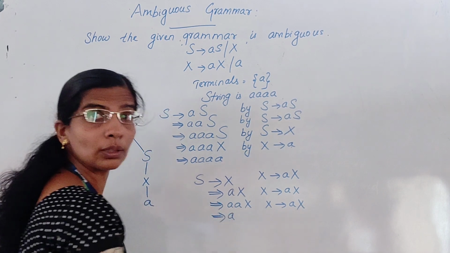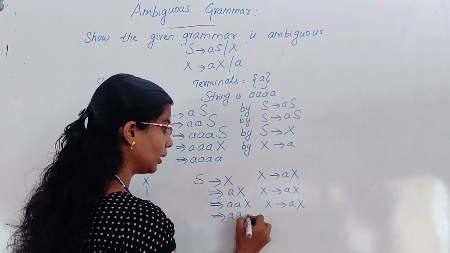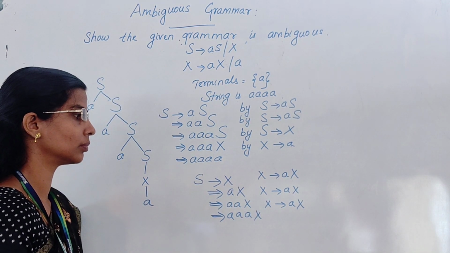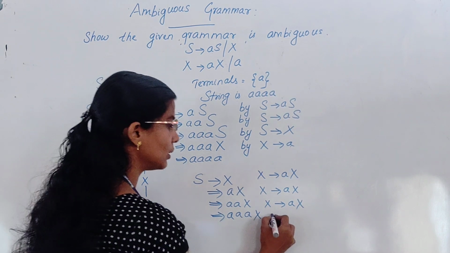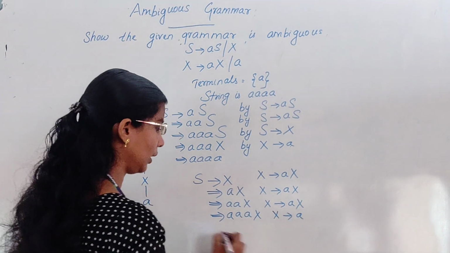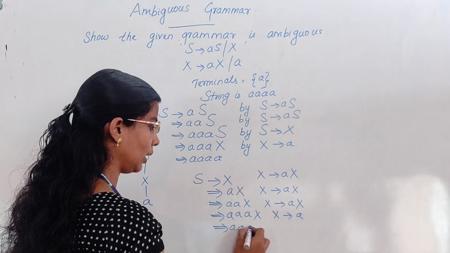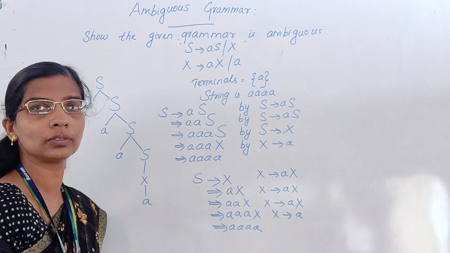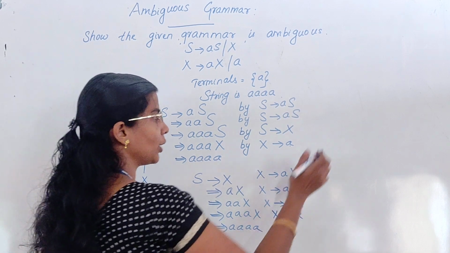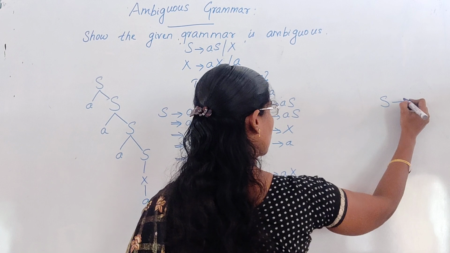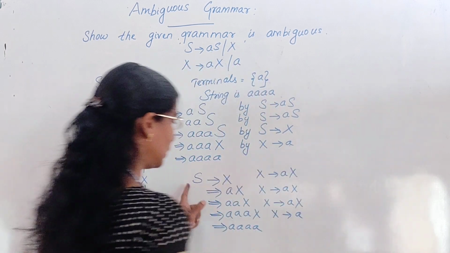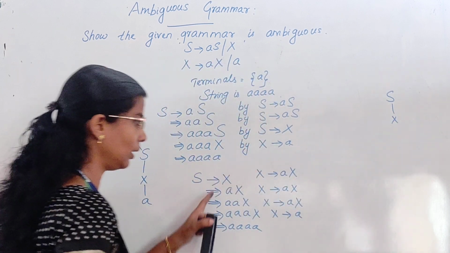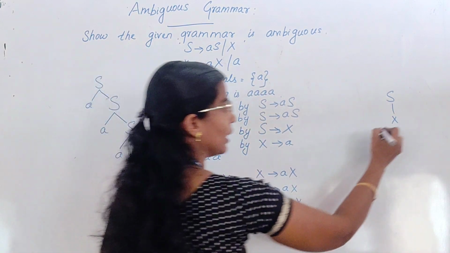Is the board visible? Yeah. AX. Next, what will I be using? I will be using A, replacing this X by A. So how will you draw your parse tree? S tends to X, so S, X. Then this X I am replacing with AX.